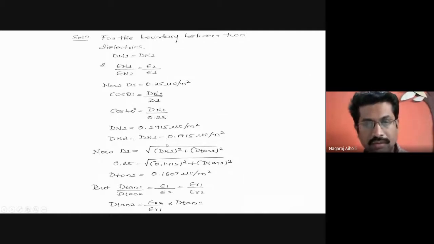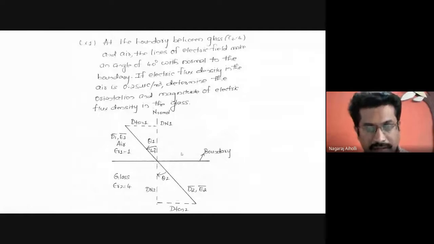Next we have to find out Dt1. We have to consider the Pythagoras theorem here. If we apply the Pythagoras theorem to this right angle triangle, D1 square is equal to Dtan1 square plus Dn1 square.